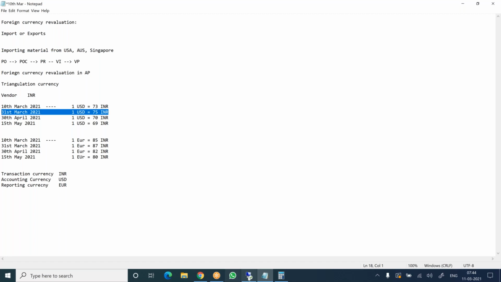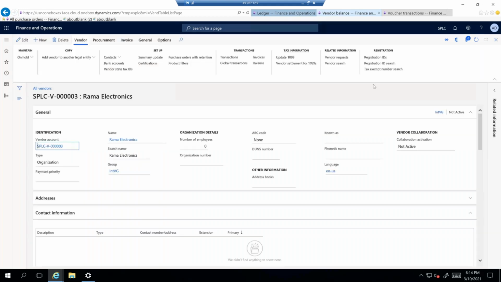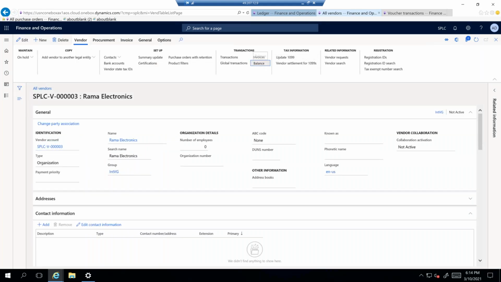Now let me show you earlier, like vendor account, vendor balances. Let me refresh. Give me 1 second. Sometimes it is not refreshing properly. Vendor balances.